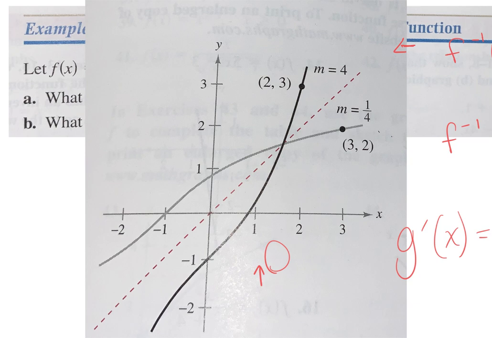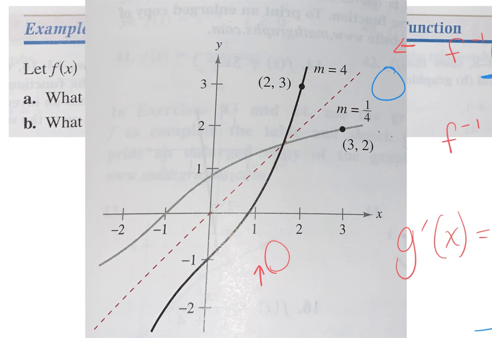So here we go. We say, well, g of x, that is my inverse, and I'm talking about at the point 3. So we're going to say 1 over f derivative of g of 3. What is g of 3? We just answered that question. G is my inverse. G of 3 is 2.